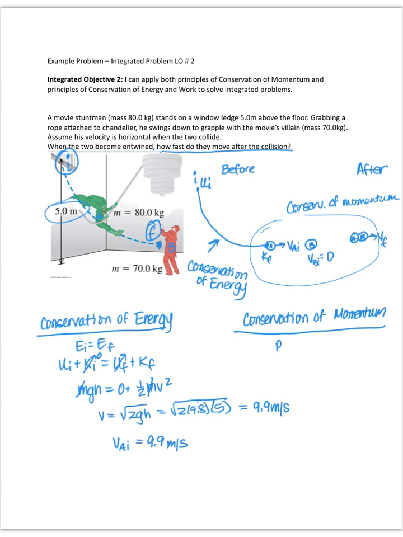So my initial x momentum is equal to my final x momentum. Because we're told that his velocity is horizontal when they collide, I can just say we deal with momentum in the x direction.